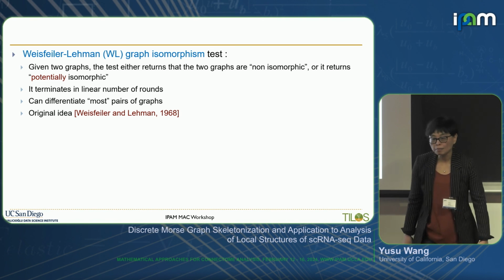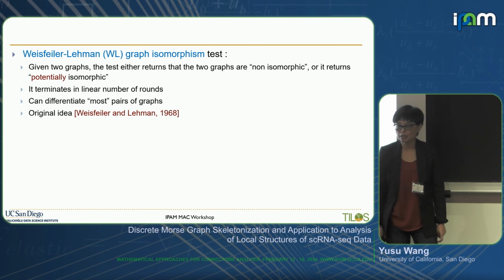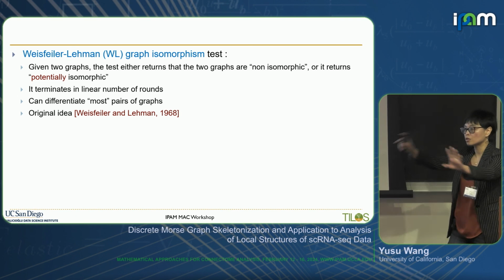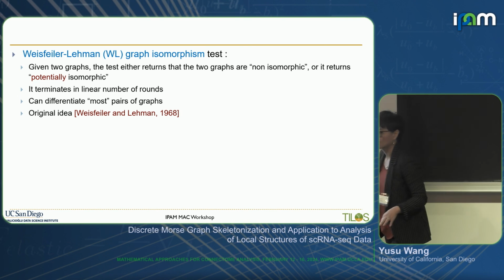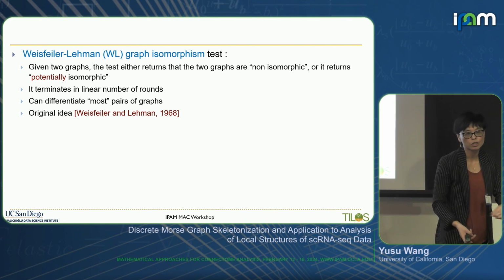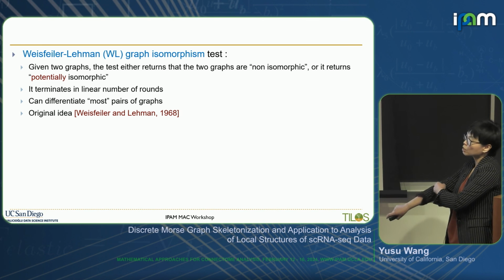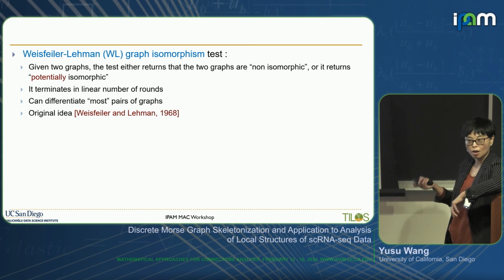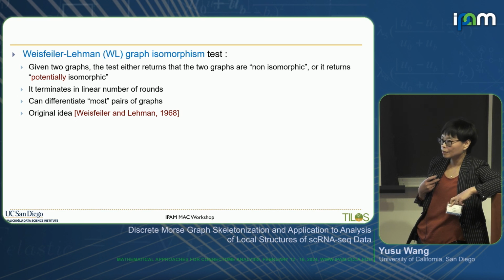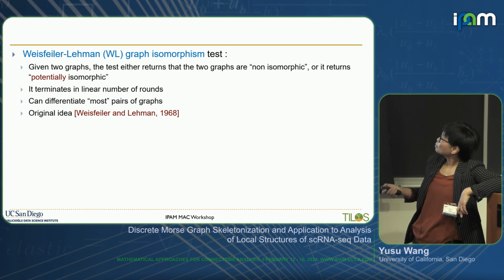Now, at the same time, comparing graphs is related to graph isomorphism testing, namely, given 2 graphs, you want to tell me whether they're the same or not. So here's a simple procedure which takes linear iterations. It doesn't solve the graph isomorphism problem, which we know takes super pseudo-linear polynomial time to solve, but it can differentiate most pairs of graphs.